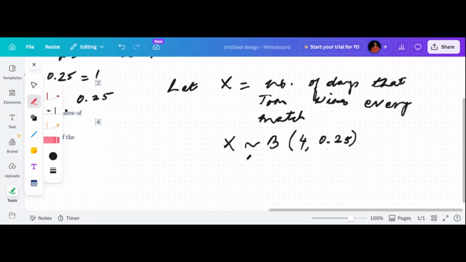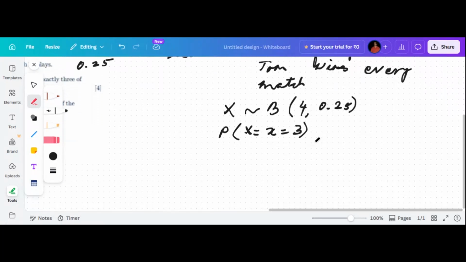Okay. So now we want to find the probability that x equals 3. He wins on exactly 3 days. So now we will use our GDC, and we will use the BPD function of GDC. Let me just open my GDC. Distribution, binomial, BPD.